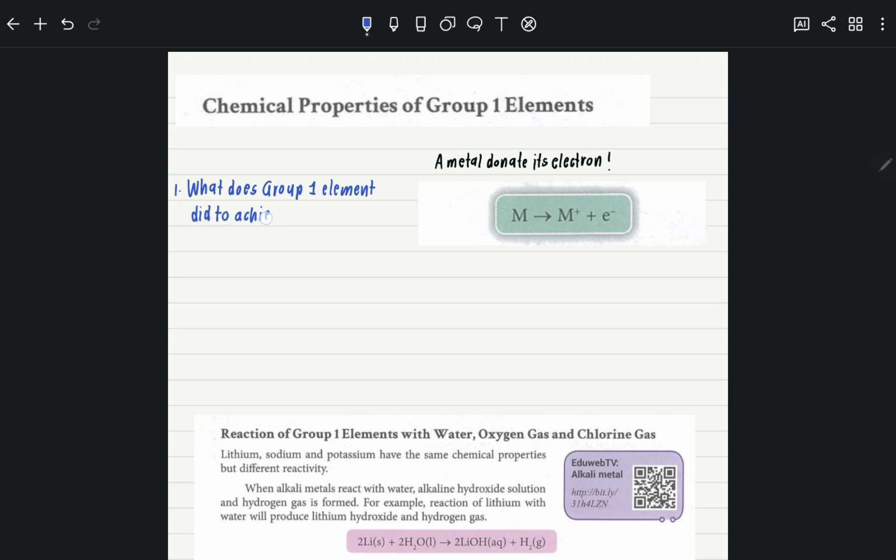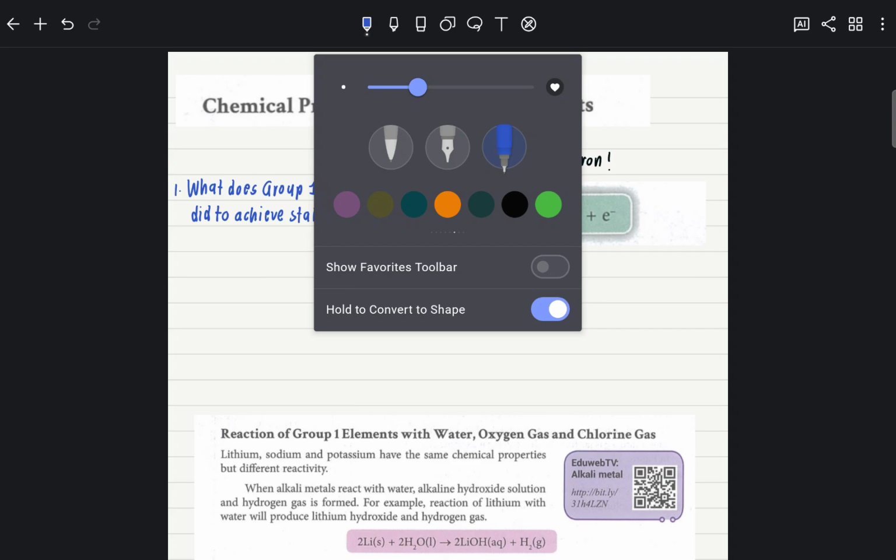This is my one and only question for you. How do these group 1 elements achieve stability? You know, stability is achieved when they are in the ion form, right? Once they are in the ion form, then only they are considered stable. So how do they manage to form the ion?